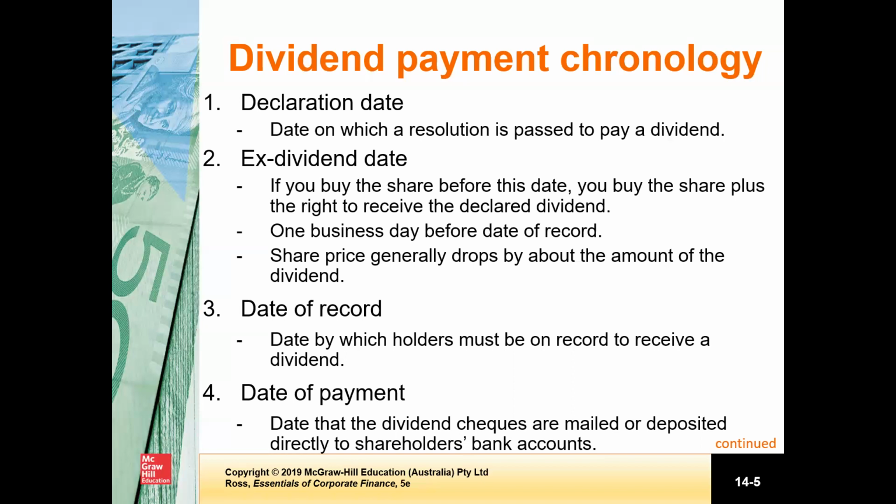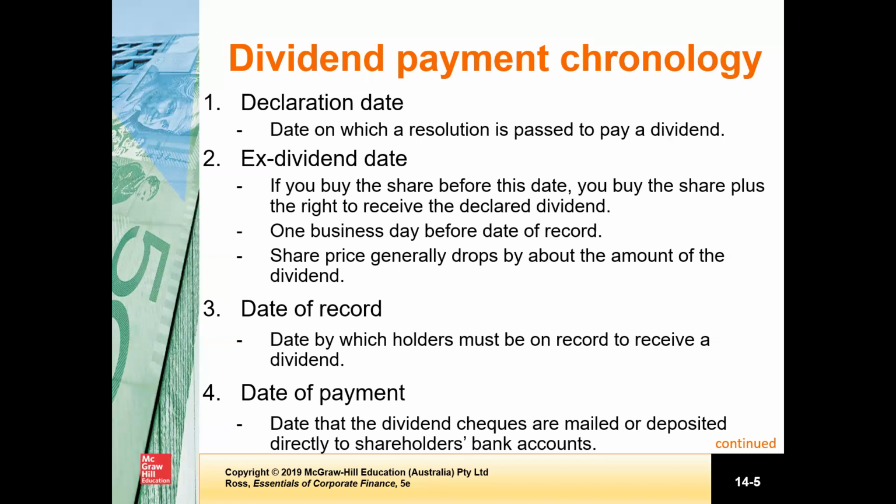Since the dividend is valuable, the share price will be affected when the share goes ex, because when the share goes ex-dividend, it doesn't carry entitlement for dividend. That's why on the ex-dividend date, the share price usually declines by the amount of dividend. Now, date of record.